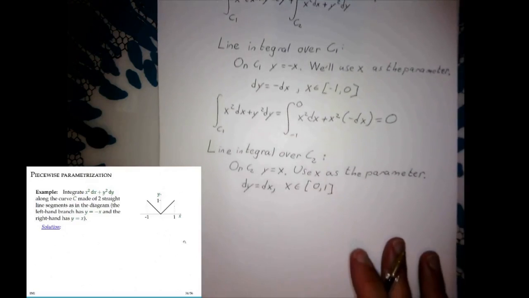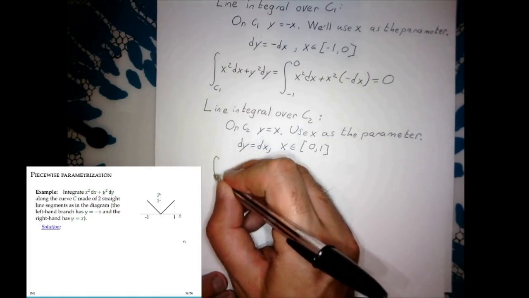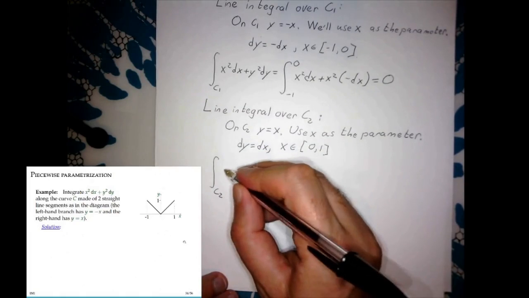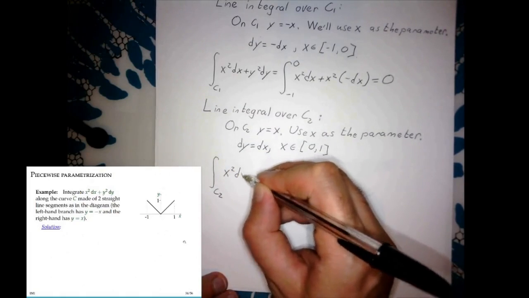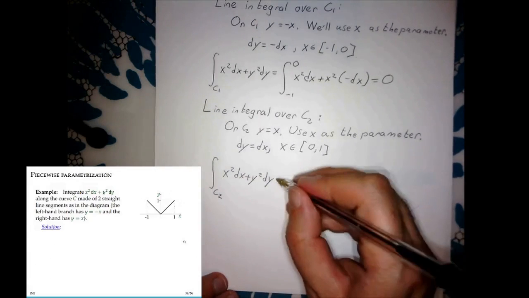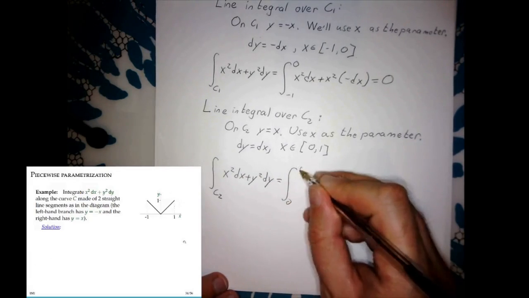Right, so that's all the information we need from the parameterization. We can now do the line integral over C2. The line integral over C2, we have x squared dx plus y squared dy. That's the differential form.